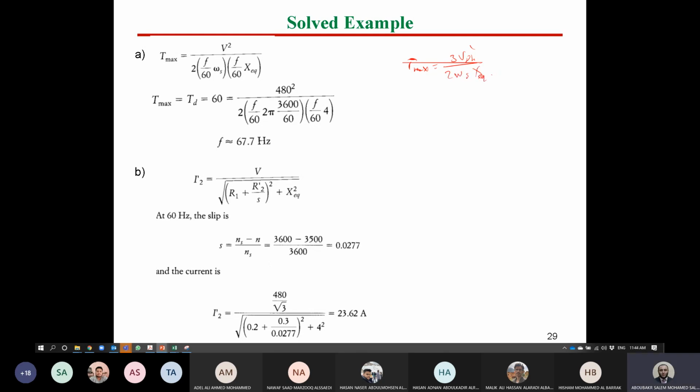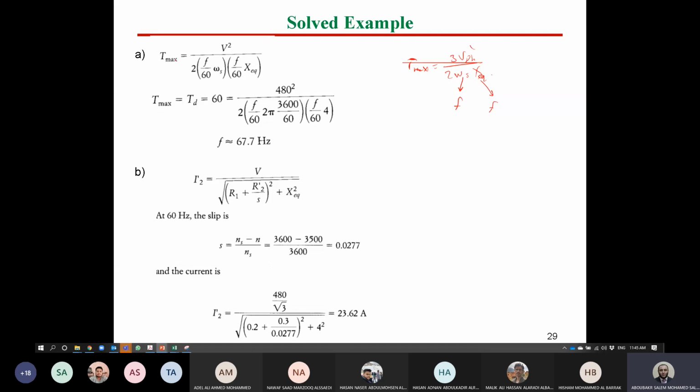But omega S is a function of frequency, and X equivalent also is a function of frequency. So in order to get the frequency we need, we first have to consider the frequency of these speeds and reactance. You have the reactance at 60 Hz, and omega S at 60 Hz as well. So to get the critical frequency, you should divide the frequency by 60 Hz, and the same for X equivalent.